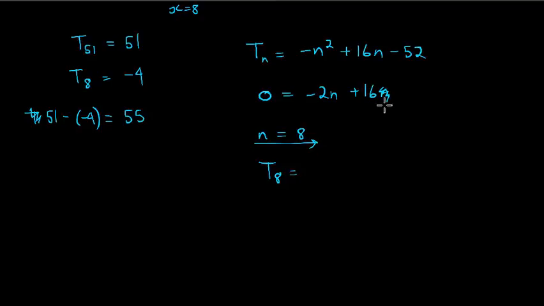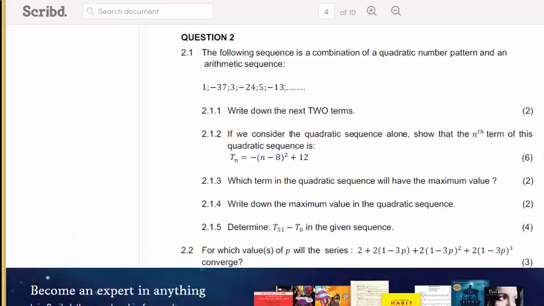It's the turning point that I'm calculating. The first answer I get is where the turning point is, at n equal to 8. The next question is, what is the turning point? I substitute that in my original expression. So whenever they ask you for a maximum, you can just make that derivative equal to 0 and work it out. So that's those two.